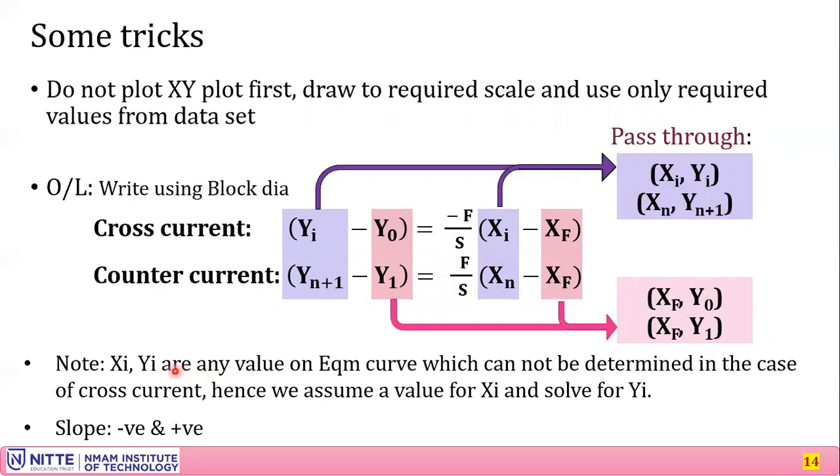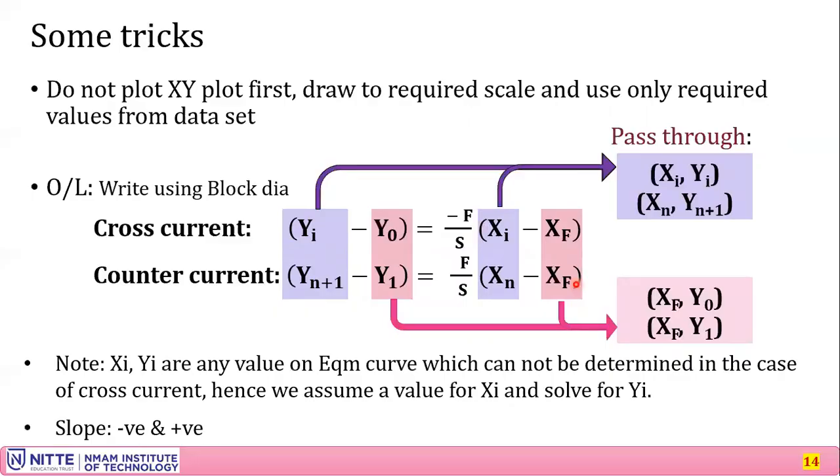The xi and yi values here are on the equilibrium line, so it's very difficult to guess the value. So what you should do is randomly select one xi value less than xf, substitute and find out yi, whereas here you can easily solve the problem. Yes, that's it. That's the end of the problem. Thank you.